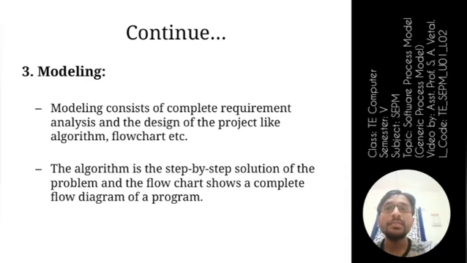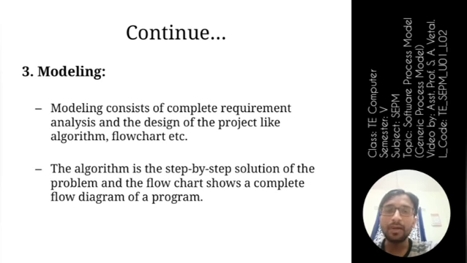Then third is modeling. In the modeling activity, again there are 2 or more tasks. What are those tasks? The modeling consists of complete requirement analysis and the design of the project. Means we are going to perform 2 tasks under the modeling activity: the complete requirement analysis and the design of the project. What is the complete requirement analysis?